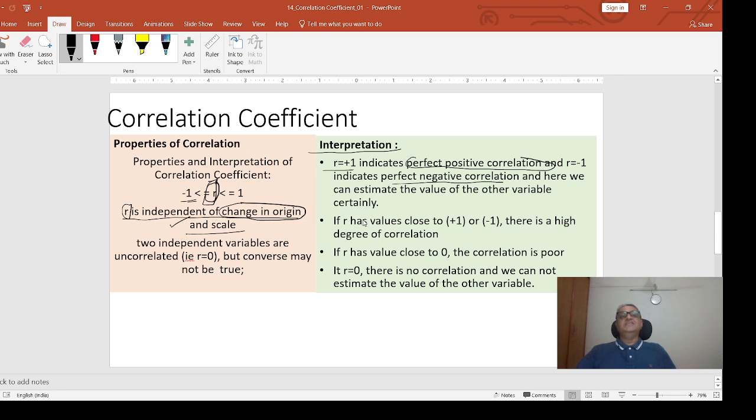If X increases, Y decreases, right? So typically, if R has values close to +1, anything between 0.7 to 1, we can say we have a high degree of positive correlation. And if we have a value of R as -0.7 to -1, we will have a high degree of negative correlation. And if R is equal to 0, then there is no correlation.